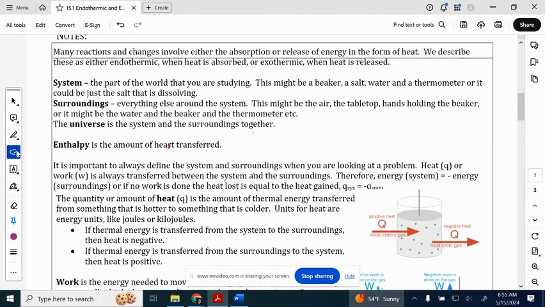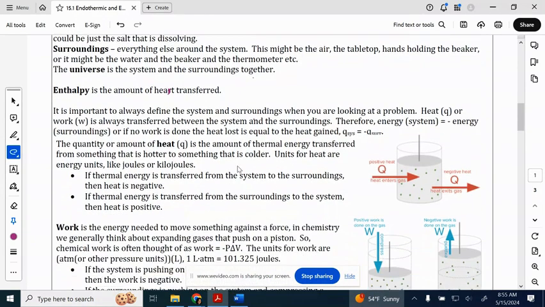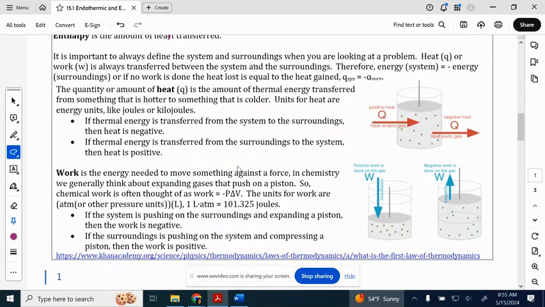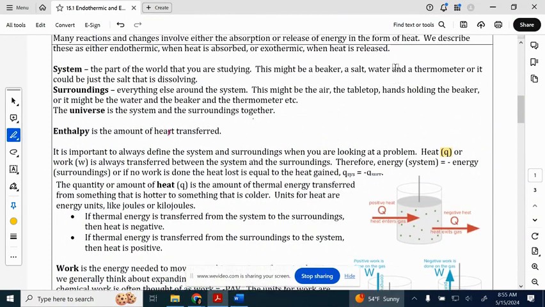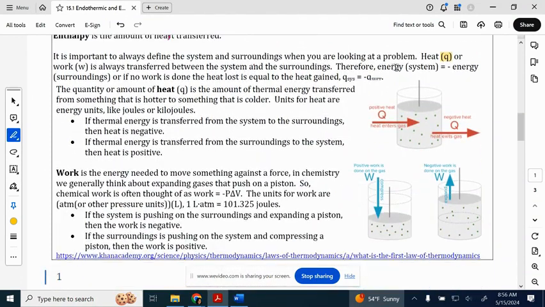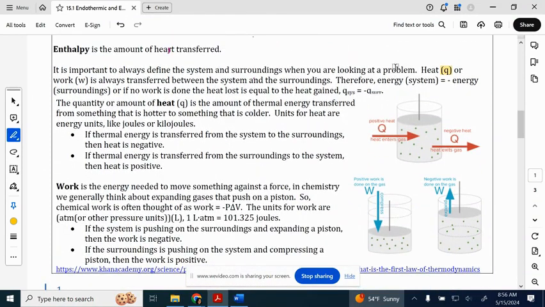Okay, so it's important to always define what the system and surroundings are when you're looking at a problem. Heat is going to be documented with the letter Q in our formulas. We'll get to formulas in the next couple of days. Today you're not having to deal with them yet. When you're looking at heat getting transferred, that heat is coming from the system and then it's going to the surroundings.